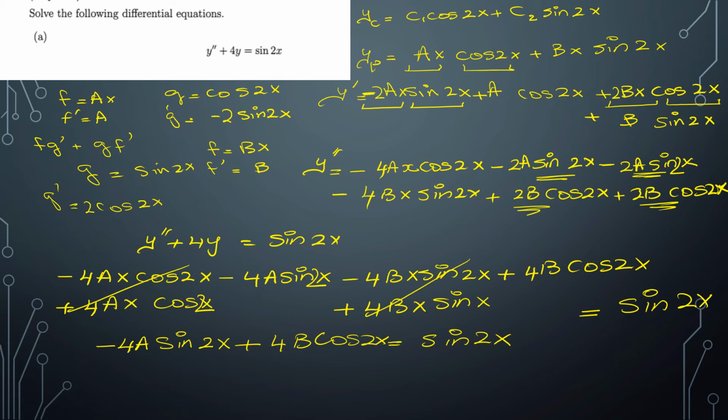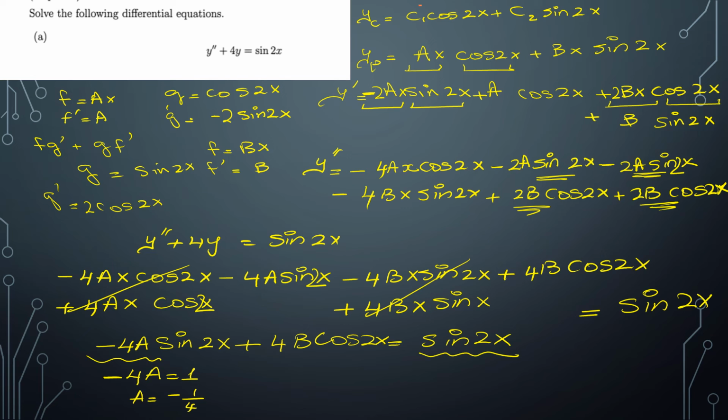Now compare them. So here sine 2x, here sine 2x. So I can compare the coefficients. So I will get minus 4a equals 1. So a equals negative 1 over 4. This is my a value.